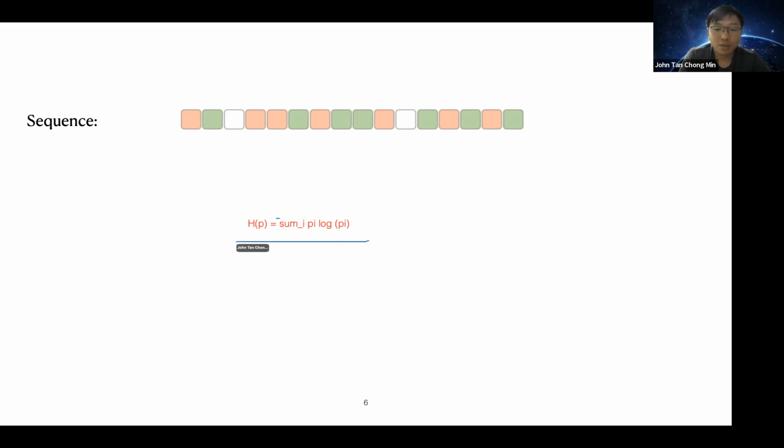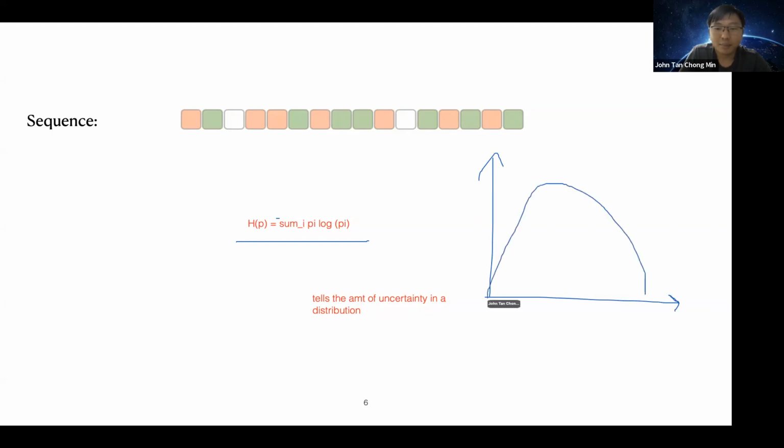This basically tells you the amount of uncertainty in a distribution. Let me just draw this here, because I think some people don't know what entropy is. So in a binary case where you flip heads and tails, this is your probability, and your entropy is maximal, which is 1, at this point here, which is 0.5.